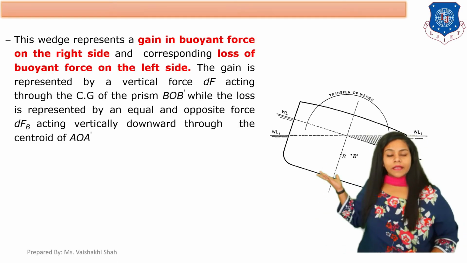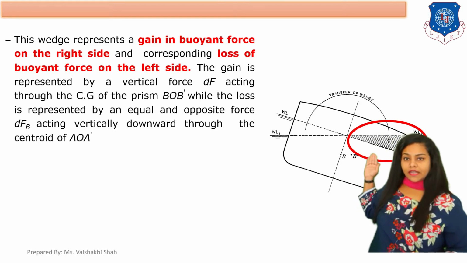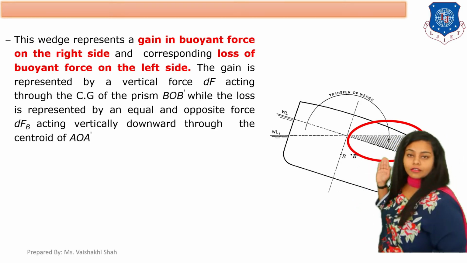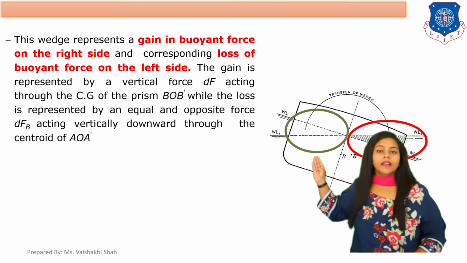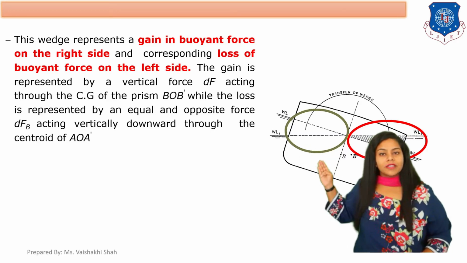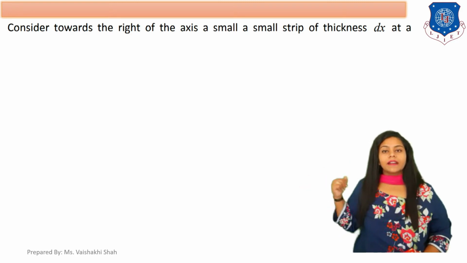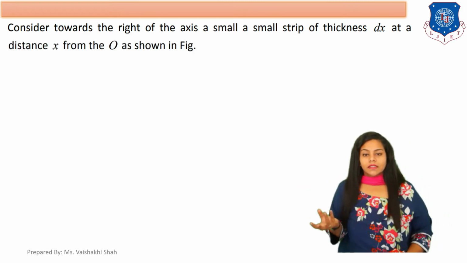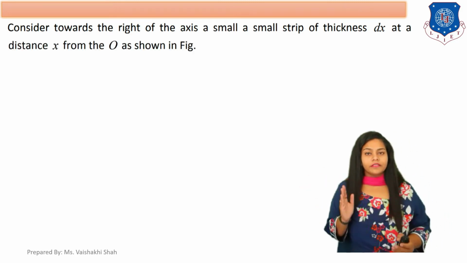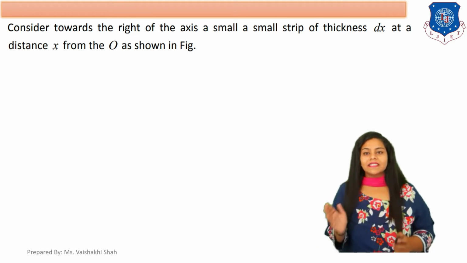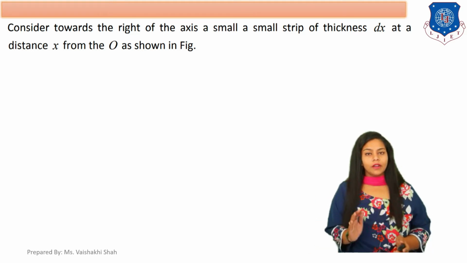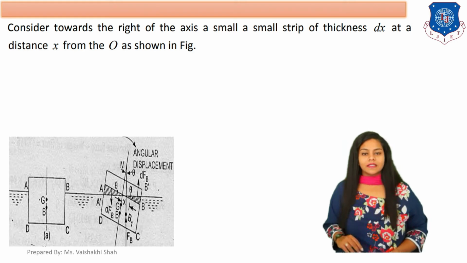Now in triangle O A dash A there is a loss of buoyant force, and in triangle O B dash B the buoyant forces increase. Okay. Now we are considering a small strip of thickness dx at a distance x from O, as shown in the figure. So let's consider this diagram.